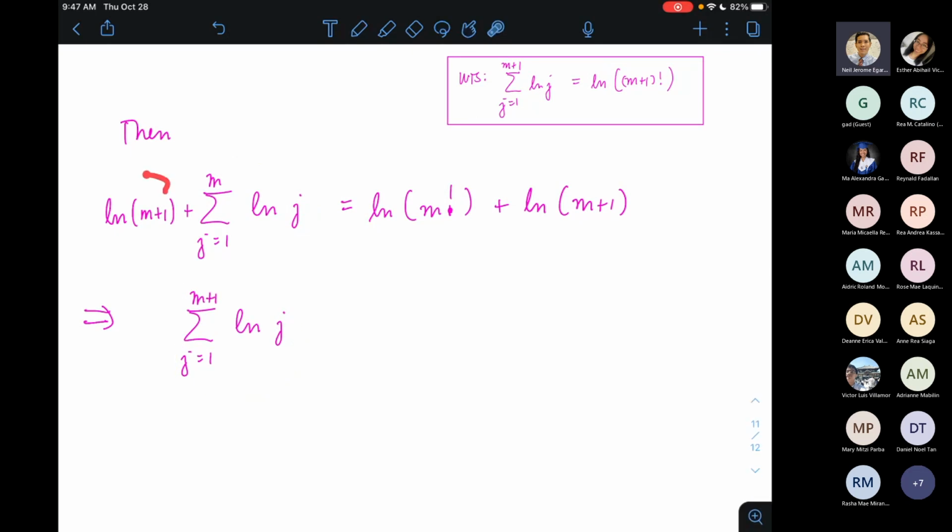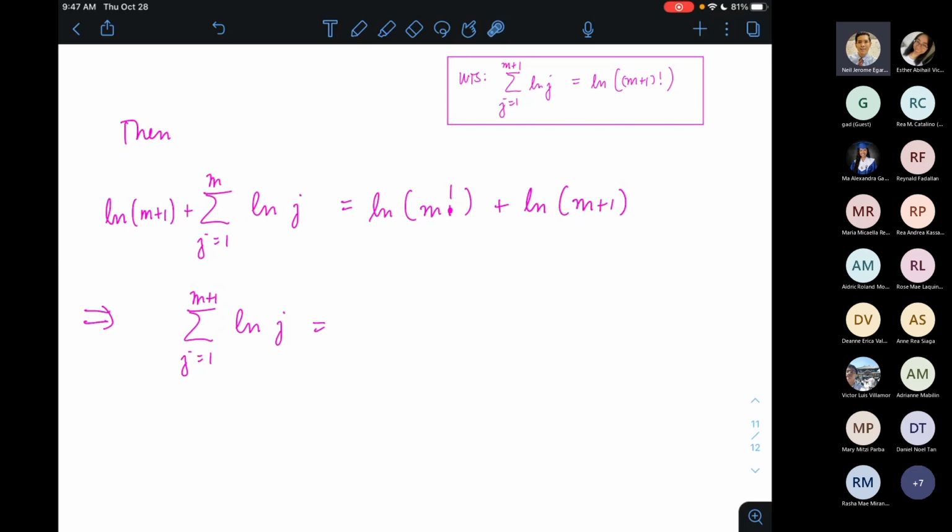Kasi ito ay yung additional addend natin ay this form except that j was replaced by m plus 1. So pwede ko siyang isulat in a more compact way by including m plus 1 dun sa summation. Okay? Tapos ito yung mangyayari.